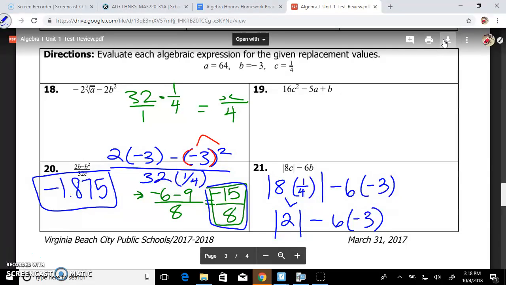The absolute value of 2 is just, I'm going to write up here now, positive 2 minus 6 times -3. And we have 2 minus 6 times -3 is -18. 2 minus a negative is plus, for a final answer of 20.